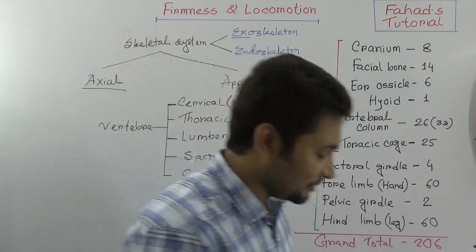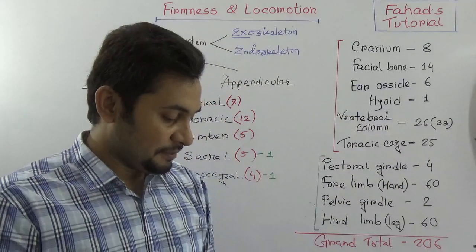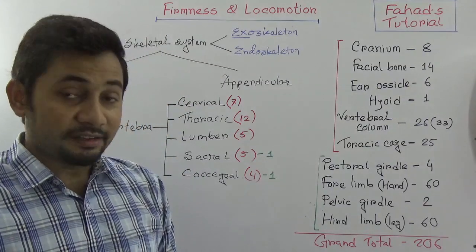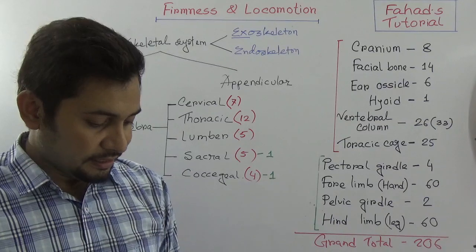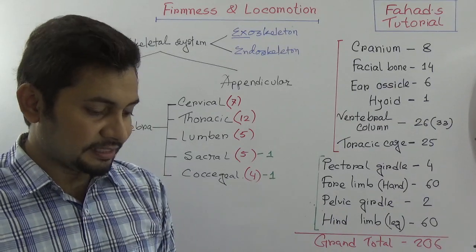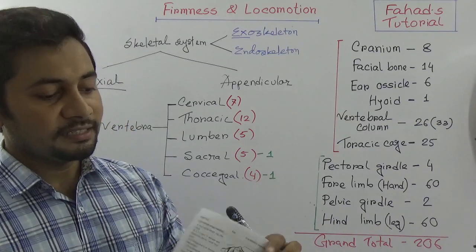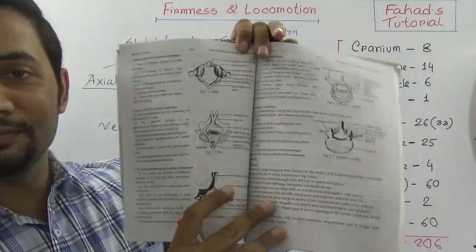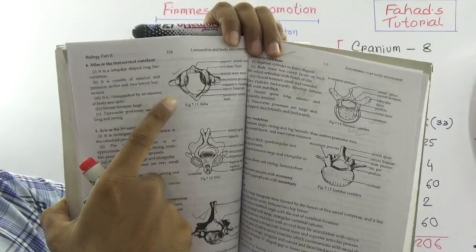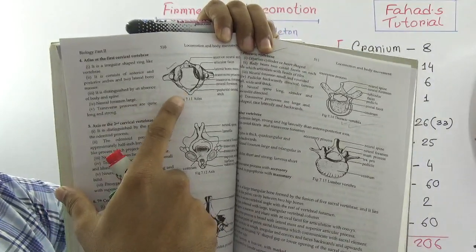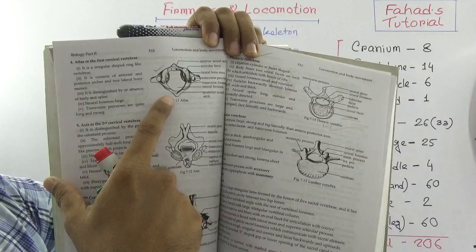So simply, if we see the vertebral column, we'll find that there are 5 types of vertebra, and I can show you a simple thing, that this vertebra looks like this one. This vertebra looks like this one. You see, this one is the atlas. This is the first vertebral bone, the first vertebra.